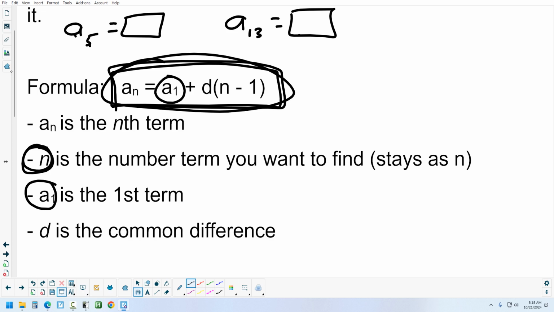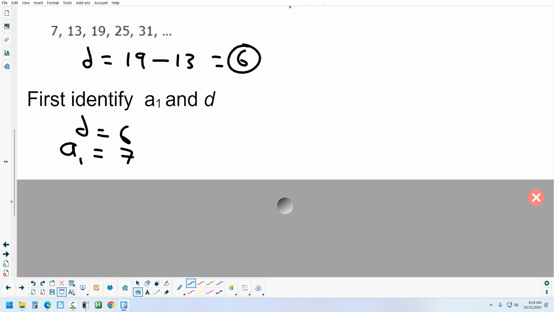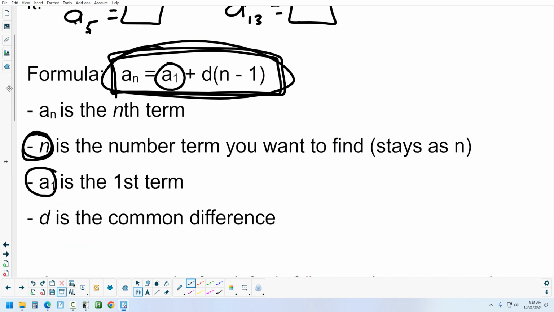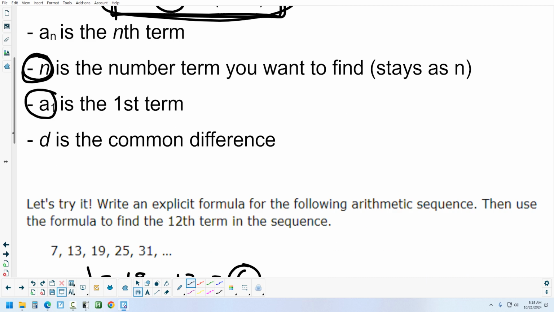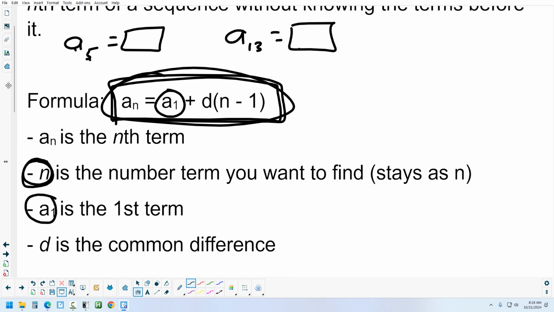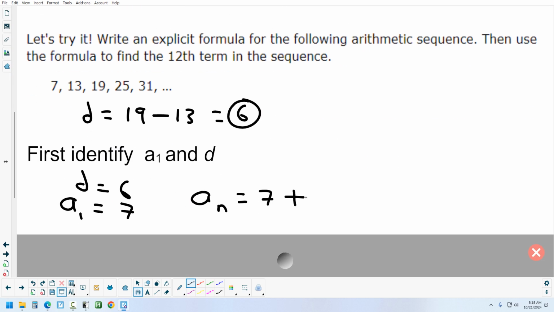So we're just going to take those two numbers and fill them in up in the formula that I circled. So you've got A sub n, that's not a D and that's not an A1, so we don't change that. The next thing is A sub 1, which means first term. And what did we say our first term is? 7. So we're going to change that to a 7. We're going to have a plus sign and then a D. Plus sign, and you need to change the D. What did we figure out D was? 6.